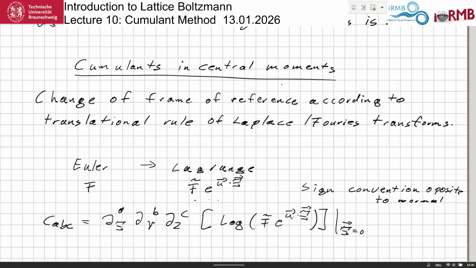If I take the logarithm of the exponential function, I end up with u times xi plus the logarithm of the rest here, evaluated at xi equal to 0.